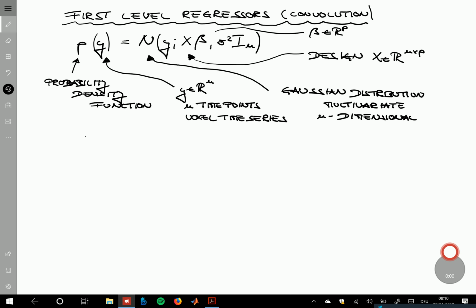And what do the beta parameters refer to, or what do they quantify? If you think about the linear combination, they encode how the design matrix columns are added to reproduce the time series.